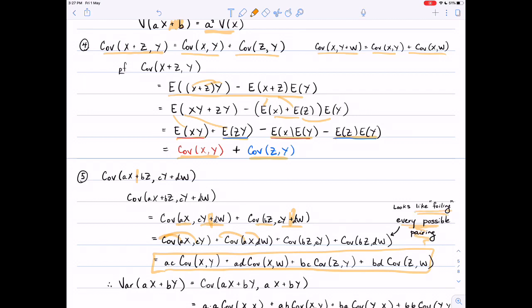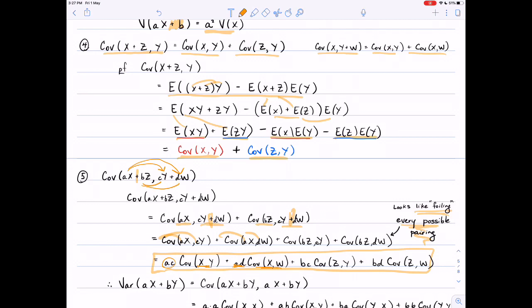It looks like you're expanding. That is not what you're actually doing, but it looks like you're expanding, right? If you were multiplying these things, you'd have axcy, and here you've got the a times c times the covariance of xy. It looks like an expanding here. Ax dw, so a and d come out, covariance of x and w, and so on and so forth.